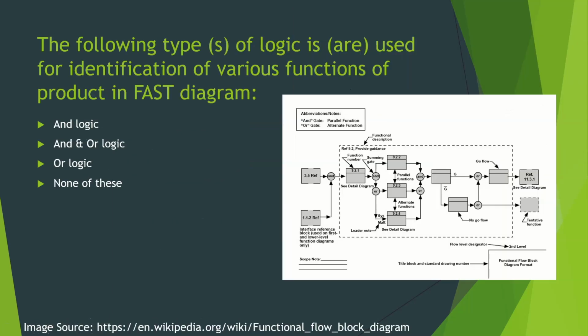And the second question is also related to the FAST diagram. The following type of logic is used for identification of various functions of a product in a FAST diagram.